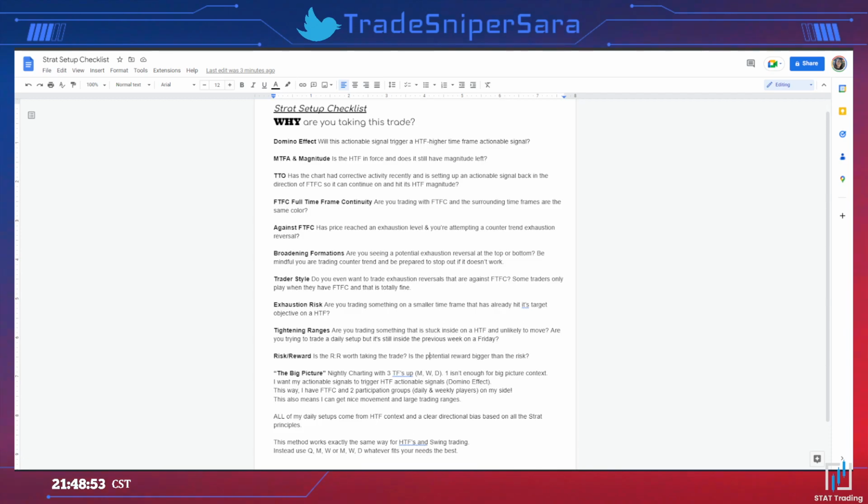Okay, so back to lesson 11 and the big picture. So what I do is when I'm looking for strat setups for the following day, I am using 3 time frames. All of my day trade ideas come from higher time frame context and strat principles.